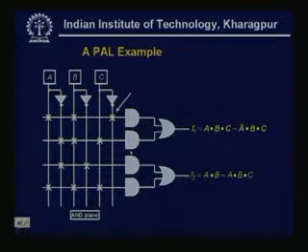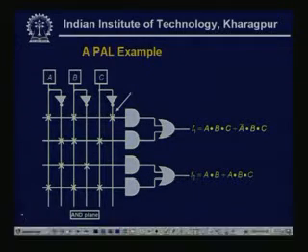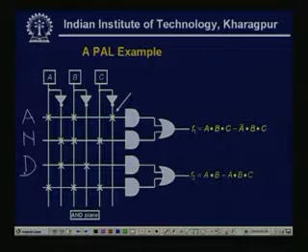Now, we take one PAL example. It has a programmable AND plane. This is my AND plane. It has 3 inputs, and we have taken A and A complement, both are available.